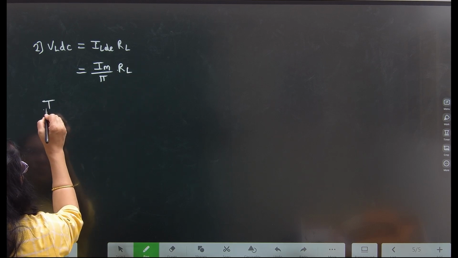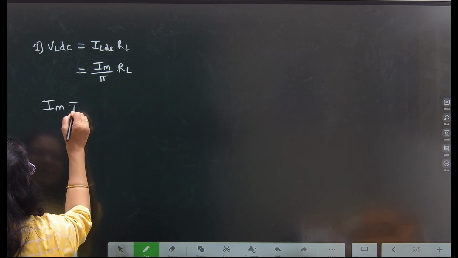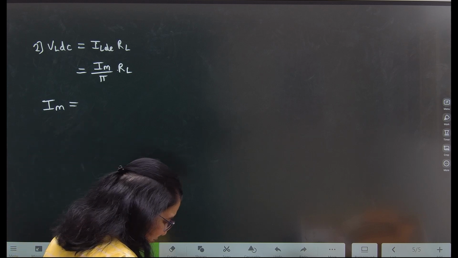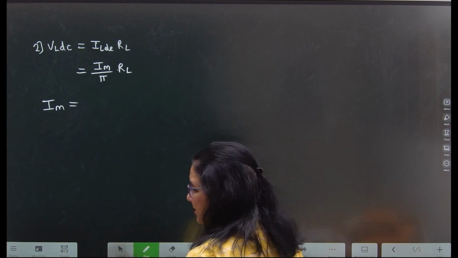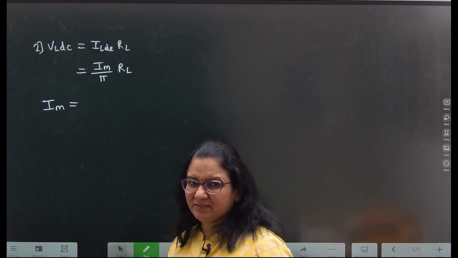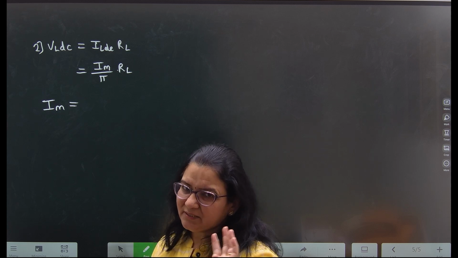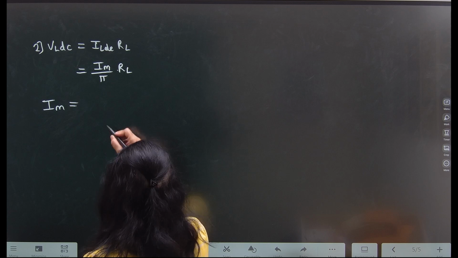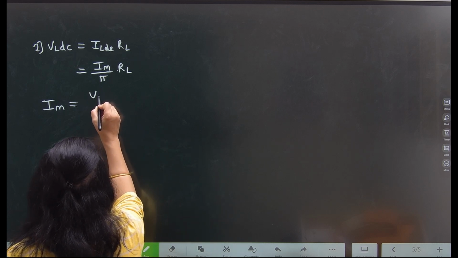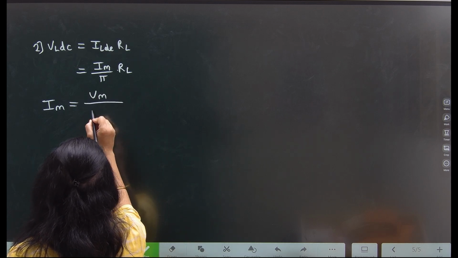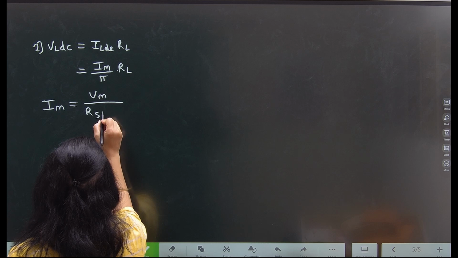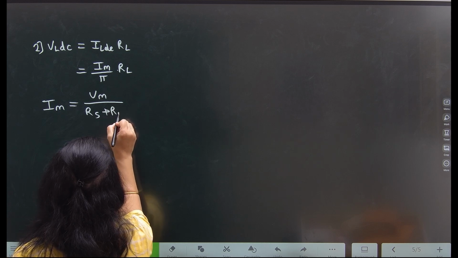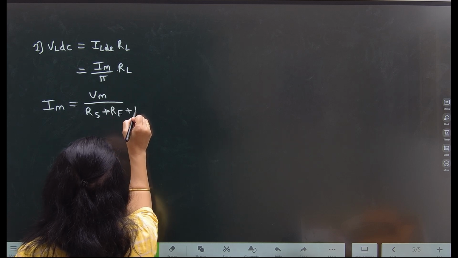Here is one more term, that is Im. In a half wave rectifier, there are 3 resistors, of which 2 are internal resistors. So the formula for Im is Vm upon Rs plus Rf plus RL.